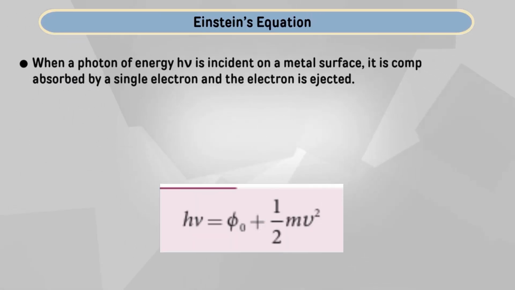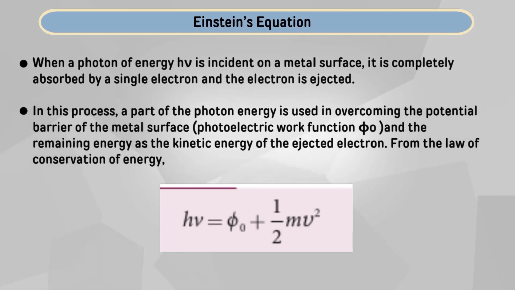When a photon of energy h nu is incident on a metal surface, it is completely absorbed by a single electron and the electron is ejected. Here Einstein used a one-to-one mapping: one photon gives all of its energy to a single electron. There is no distribution of the energy to several electrons.